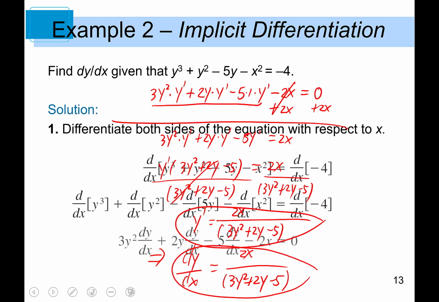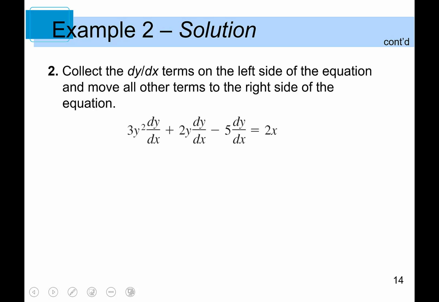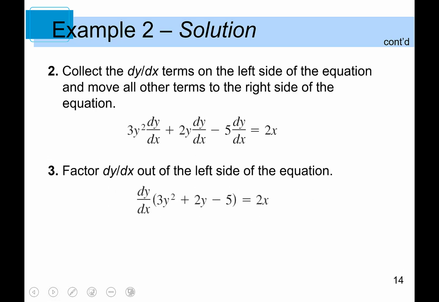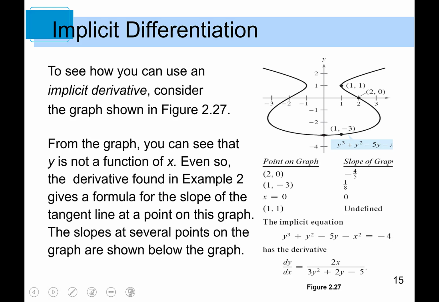And you can also take a look at, alright, so let's move on. So let's take a look at the application of the implicit differentiation. This is a typical implicit function, graph of implicit function.